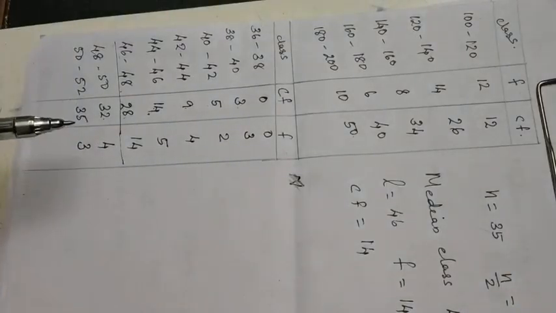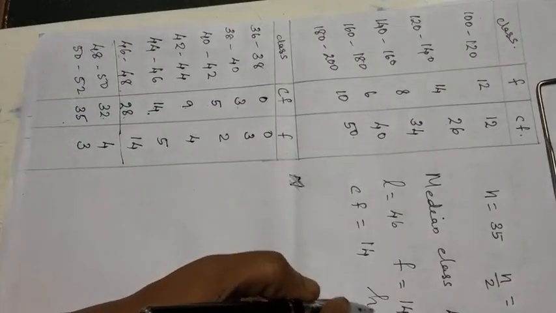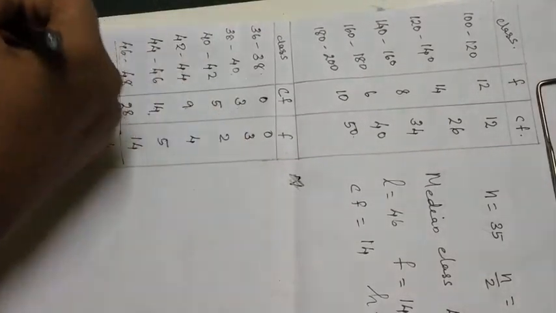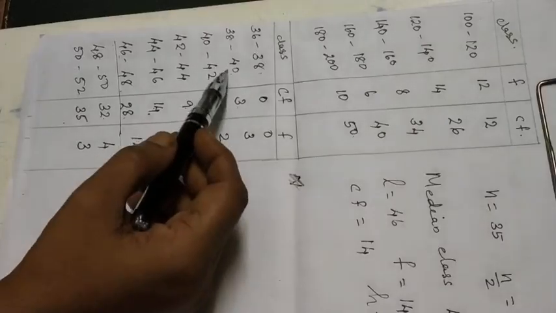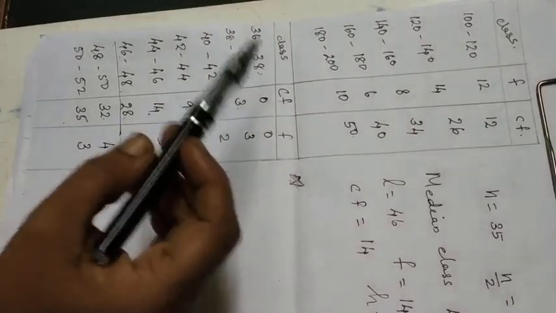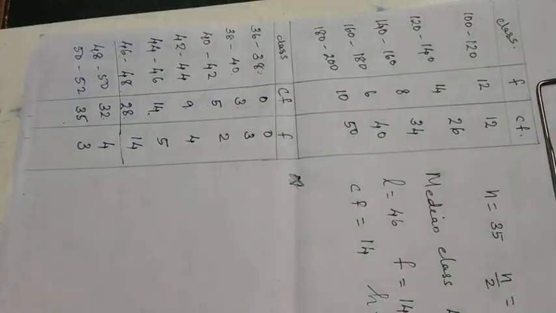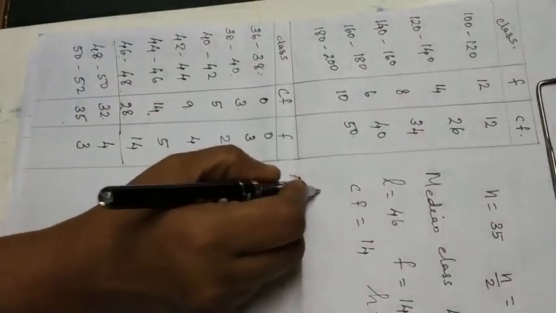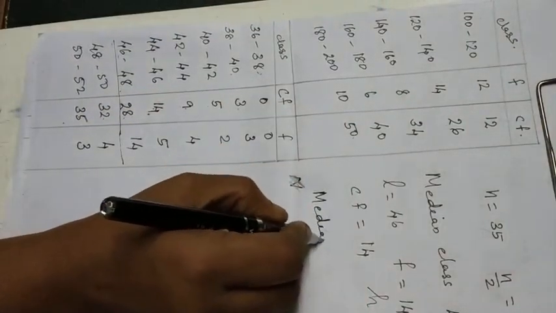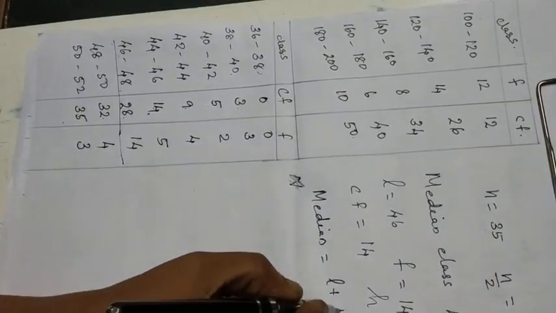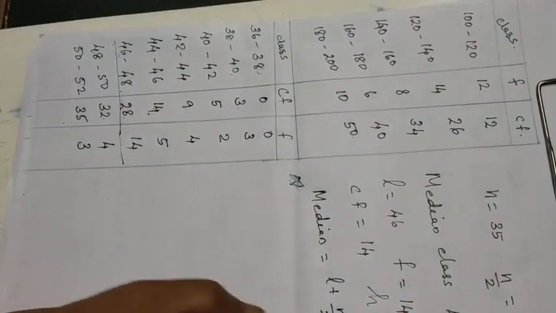Then what else we need? h, no? h is equal to 2, that is the difference between two consecutive lower limits or two consecutive upper limits, whatever it is, that is h. Okay, then find out the median. Median is equal to L plus (n by 2 minus CF) by f into h.